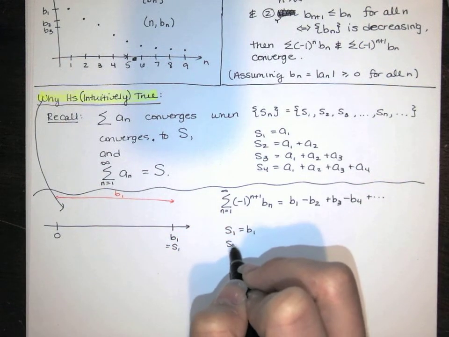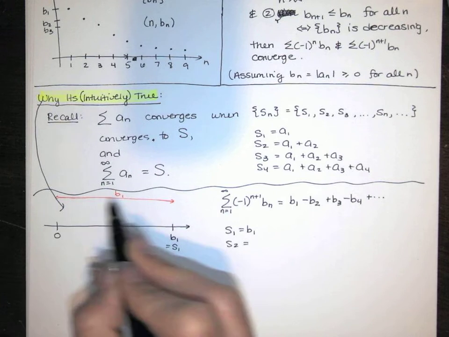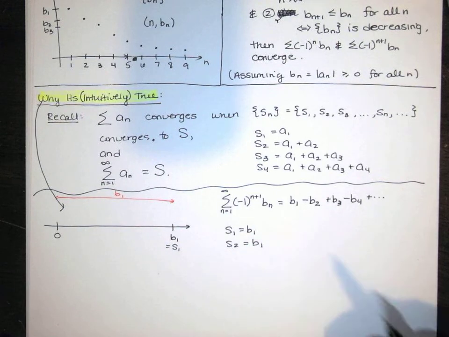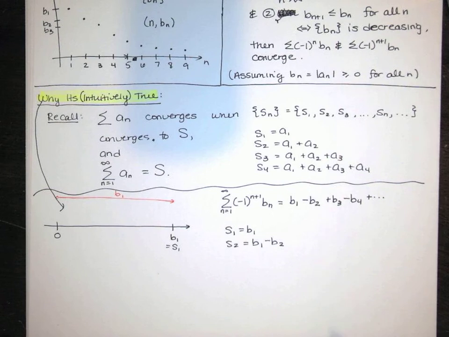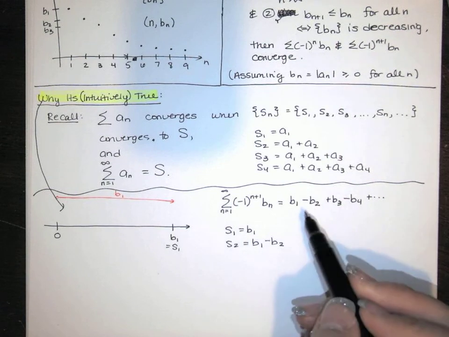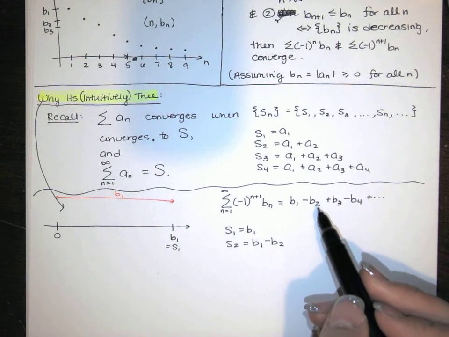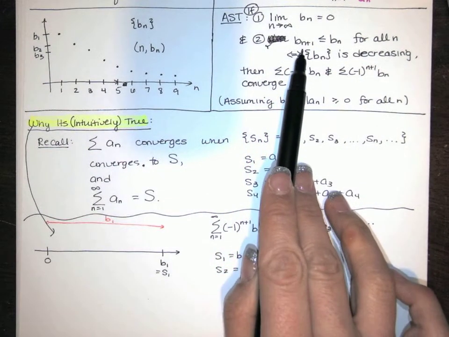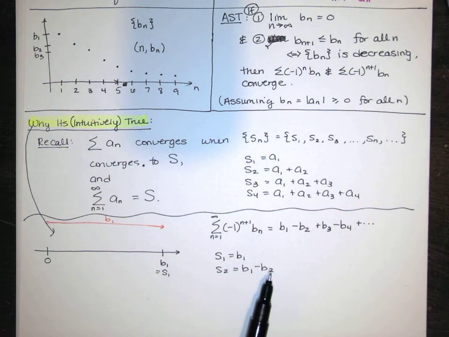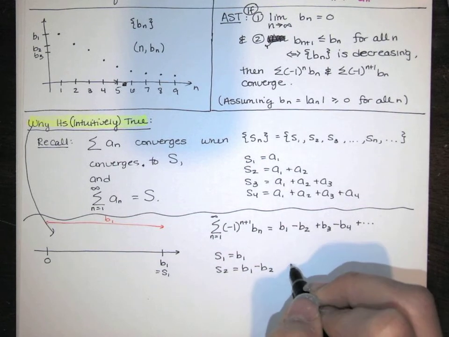Now let's look at S sub 2. Well, I'm going to take b sub 1, and then I'm going to subtract b sub 2. But remember, b sub 2 is smaller than b sub 1 because of this second requirement of the alternating series test. So since b sub 2 is positive and it's smaller than b sub 1, this is going to be greater than 0.